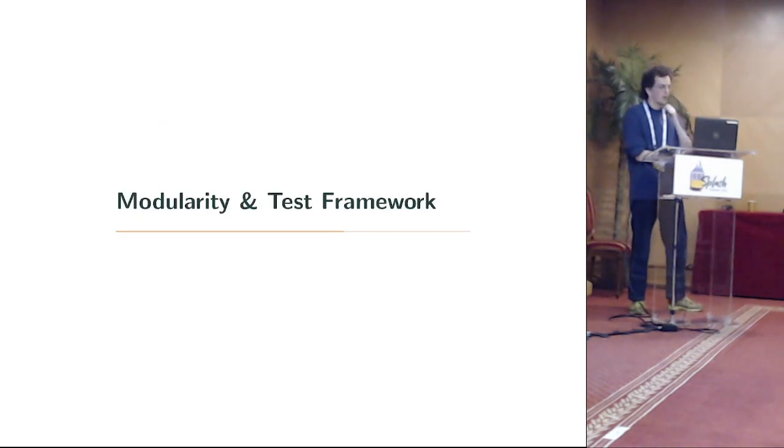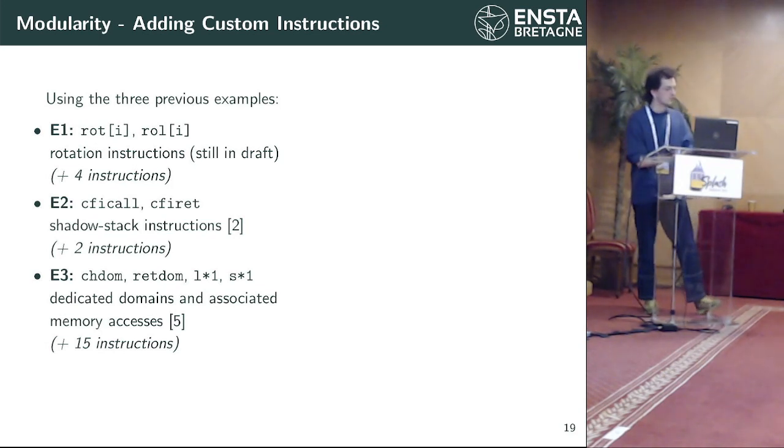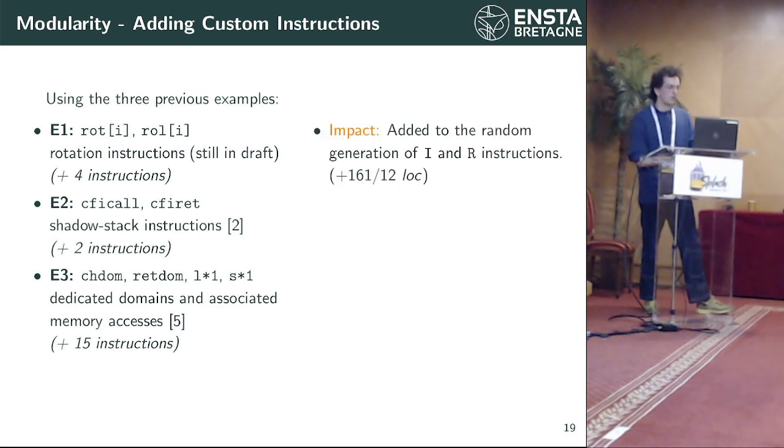So, modularity and the test framework. If I come back to the three examples that I presented earlier, to include the different instructions in the Gigue framework, for the first one, we've added the instructions in the random generation of immediate instructions and register instructions.